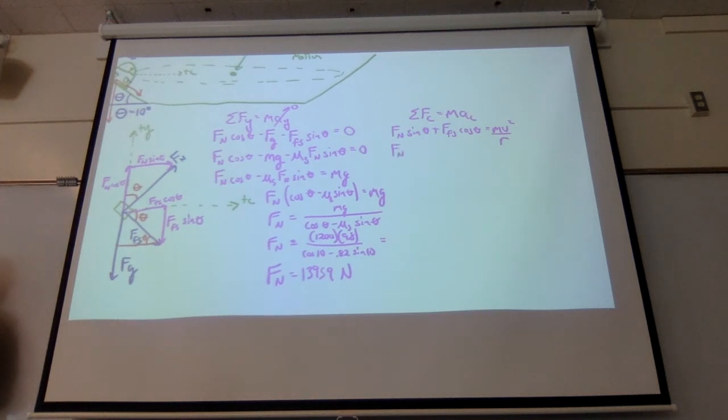So Fn sine theta plus coefficient times the normal force cosine theta equals mv squared over r. Ooh, algebra fun, right? So let's see, r over m times all of this stuff. Oops, that's a cosine. And we have to take the square root of all that, and we get v.